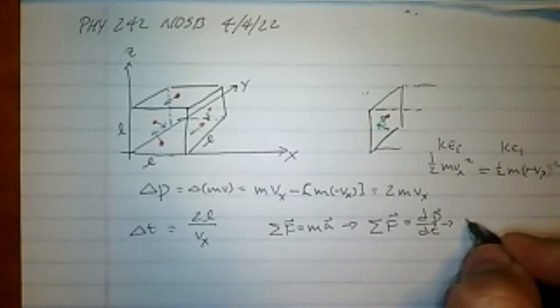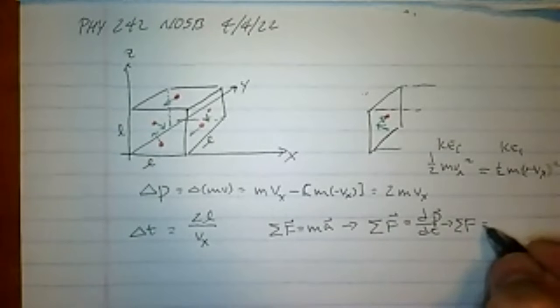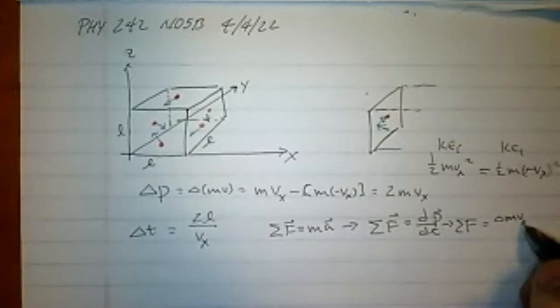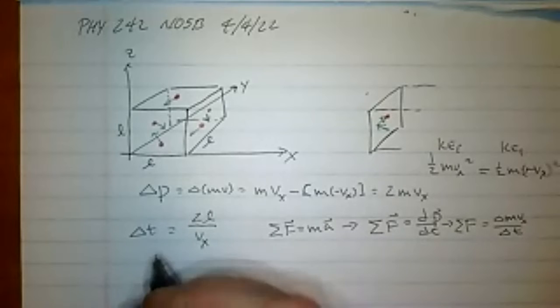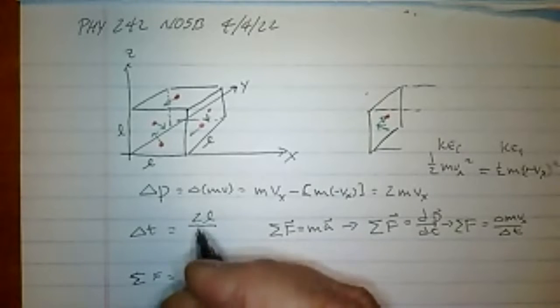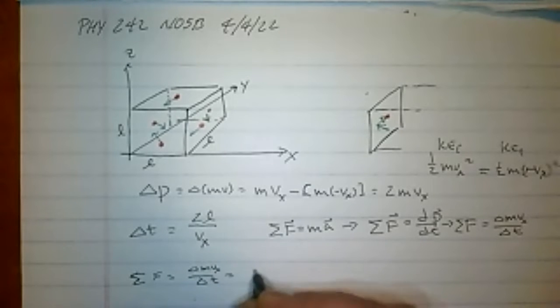So we can say F, which is really just an abbreviation for the total force, is equal to delta mv, and this is all in the x direction, of course, over delta t.